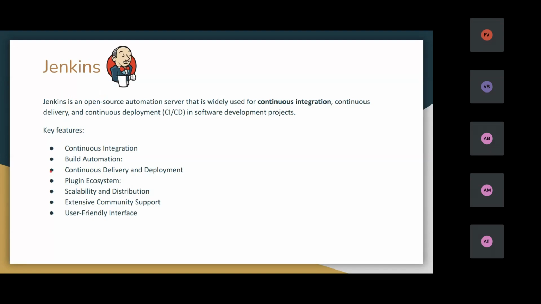Okay. Build automation can be done. Like if new code comes to Git, it can go to the build server. That trigger is maintained using Jenkins.